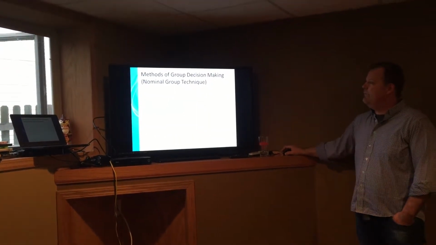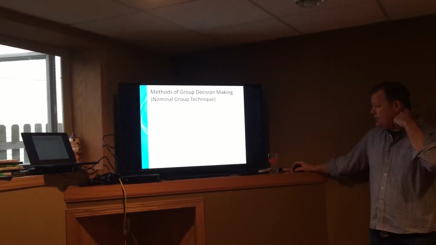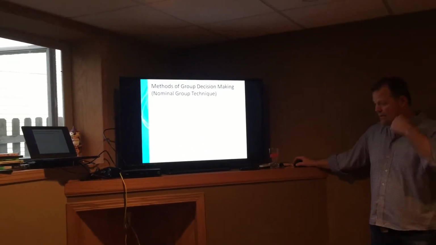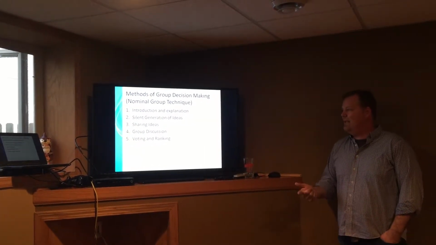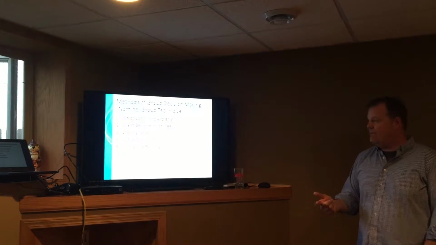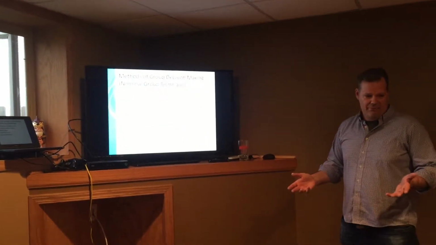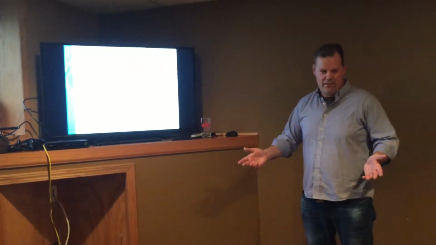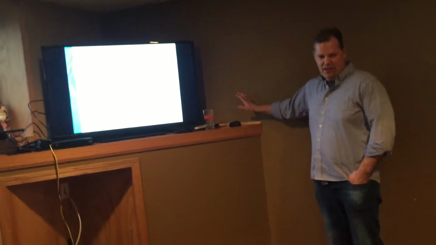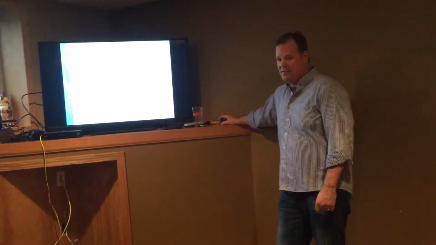And the other type is a nominal group technique, which is less seen, I think, than the standard. It's an introduction of the problem, an explanation, silent generation of ideas, and then sharing of those ideas, and then a discussion afterwards about those ideas, and then you actually vote and rank the ideas. So I don't see this very often in my line of work, but I'm sure in some places it makes sense.